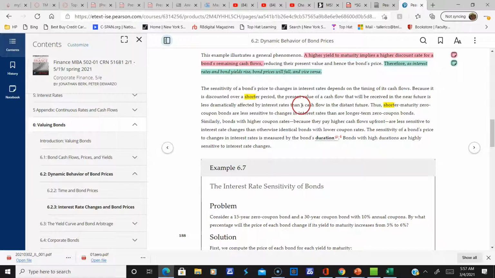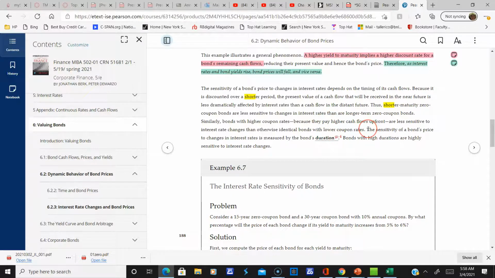Thus, shorter maturity zero coupon bonds are less sensitive to changes in interest rates than are long-term zero coupon bonds. Similarly, bonds with higher coupon rates, because they pay higher cash flows up front, are less sensitive to interest rate changes than otherwise identical bonds with lower coupon rates. So you can see how time and interest are affecting the bond's price.